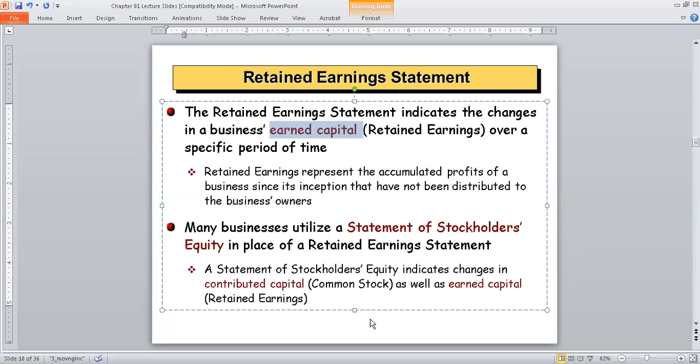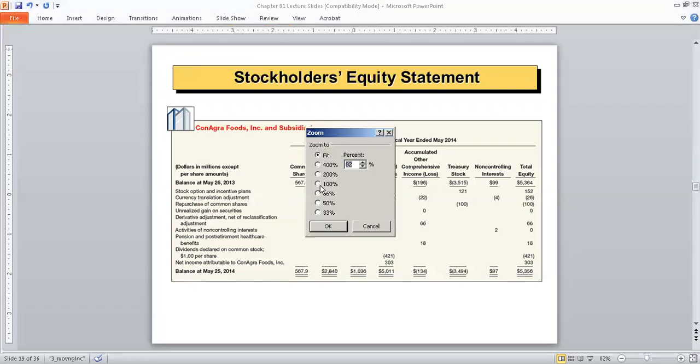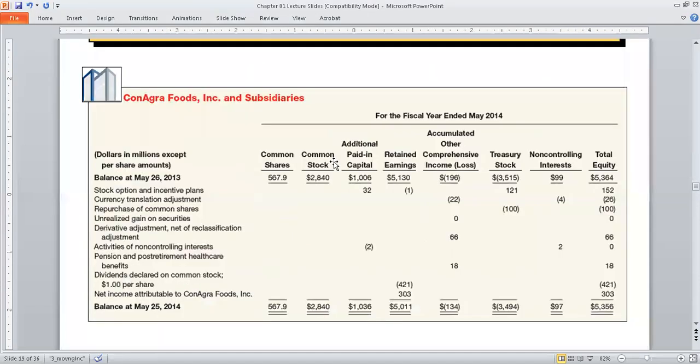And quite honestly, you don't know enough accounting yet to be able to prepare a statement of stockholders' equity. Let me make this a little bit bigger. This is a much more complicated diagram. I haven't even covered this yet in intermediate accounting with my CPA track people.